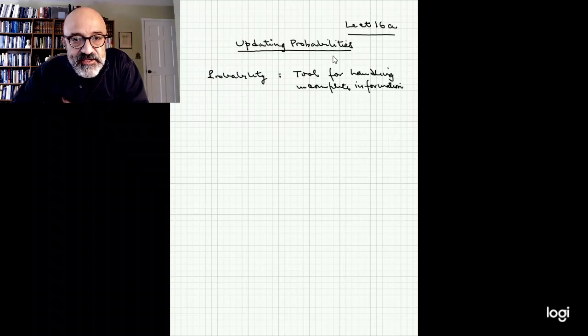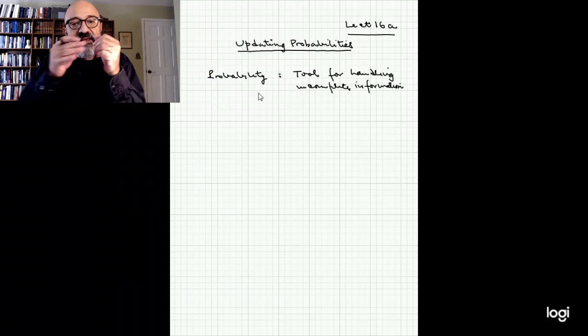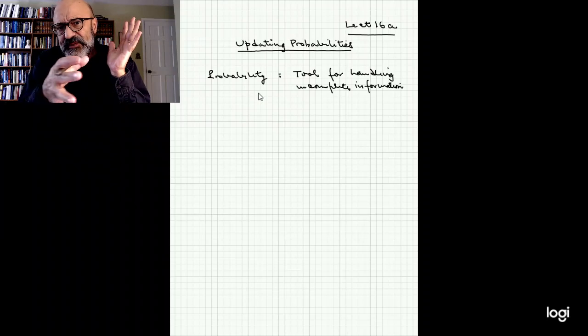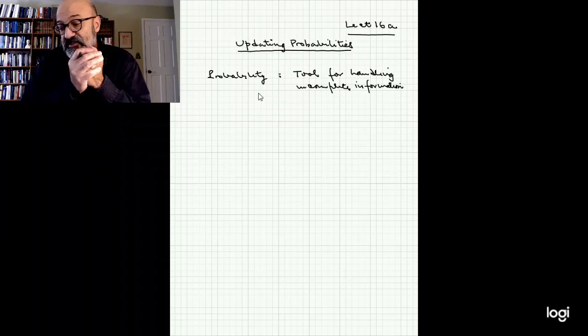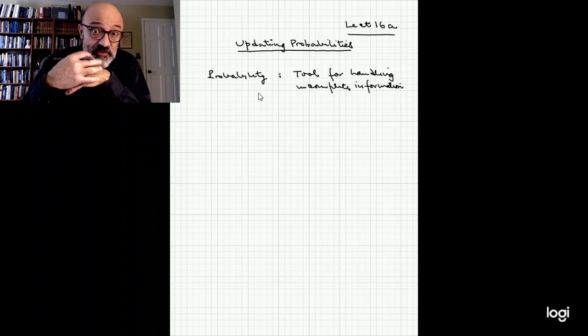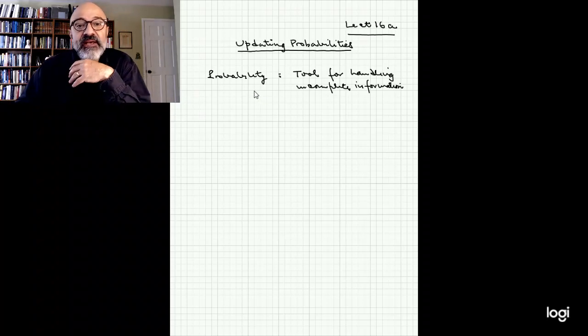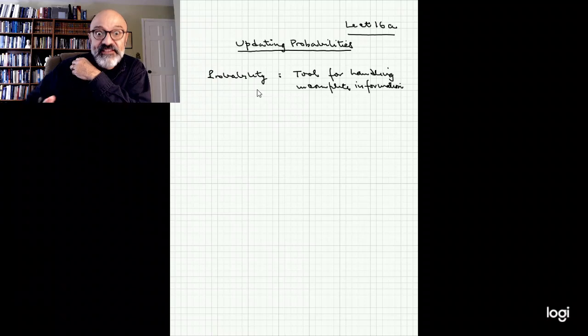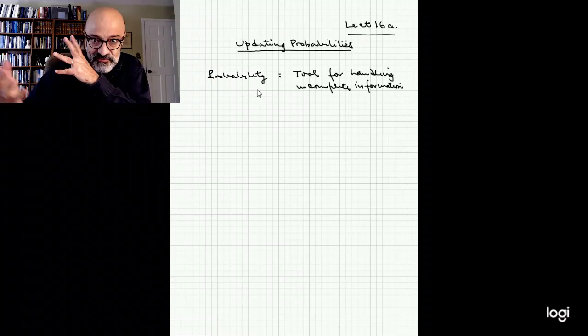The idea there was that we are confused about what we ought to believe. We just don't know, and so we need some guidance on how we ought to pick our beliefs. And we want to do it in a way that would sort of mimic what an ideally rational agent would do.